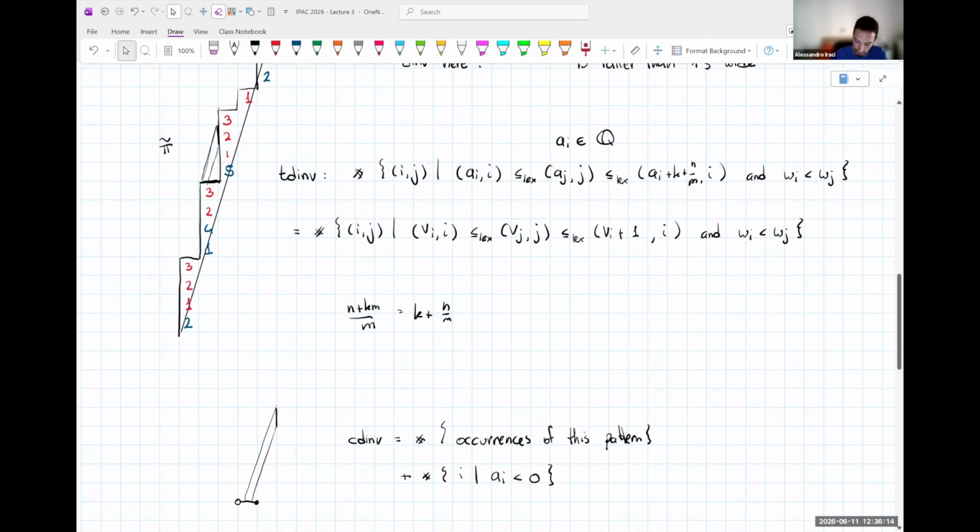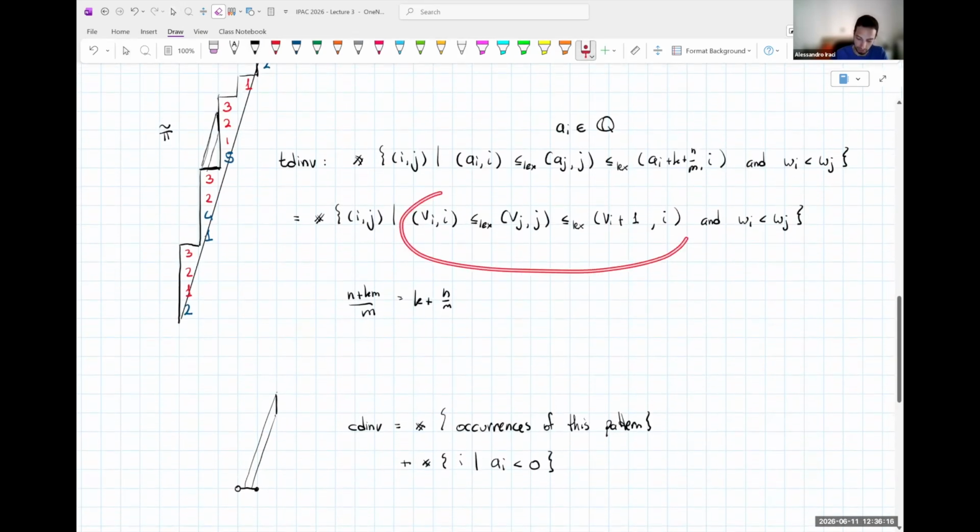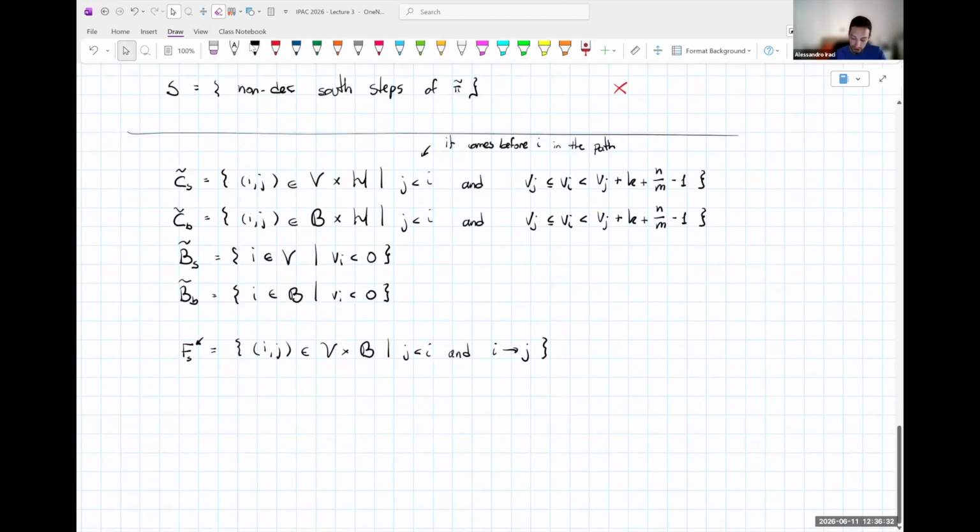This inequality here, we just write it as I attacks J. We're going to use this a lot, so it's convenient to have a shorthand for this series of inequalities. And notice we don't really care about the labels here, because we know the label of I is going to be less than the label of J, because J is big and I is not.